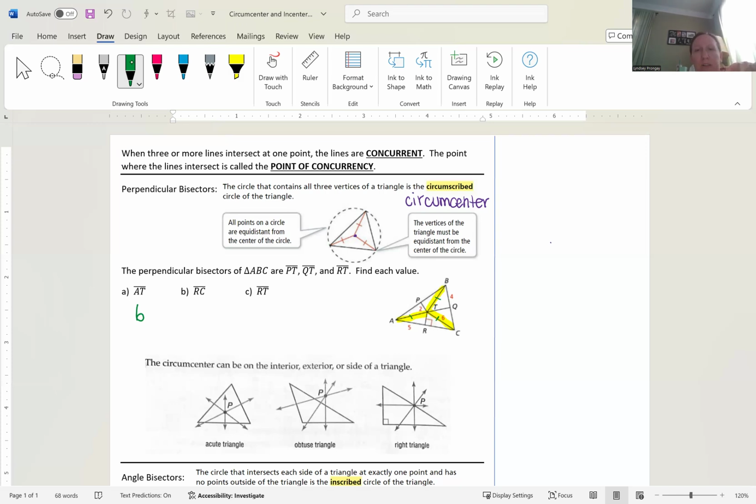The next one is RC. Here we are actually using the fact that this is a perpendicular bisector, which means RT bisected side AC, and we can see that AR is 5. That must mean that RC is also 5.